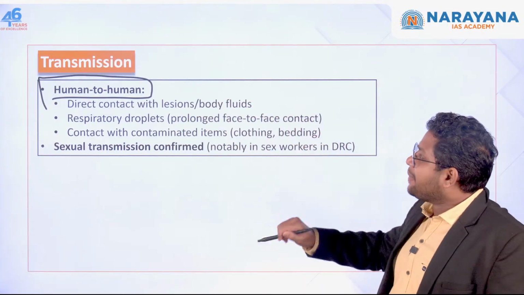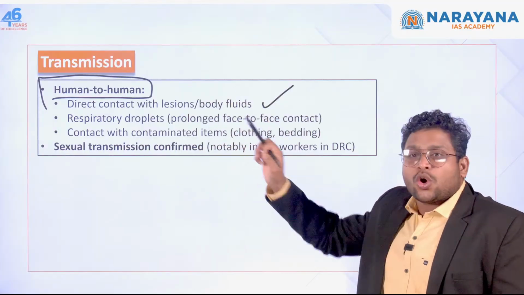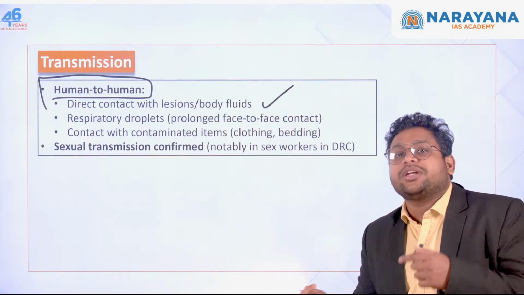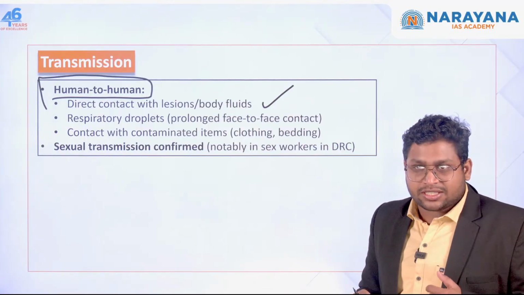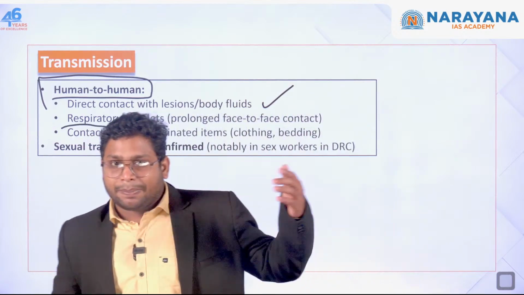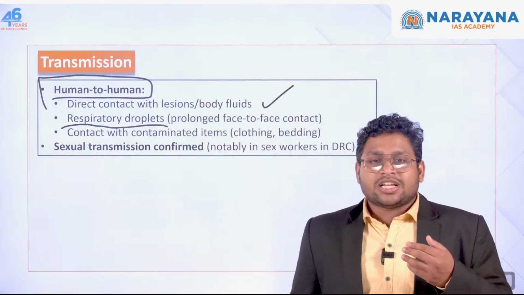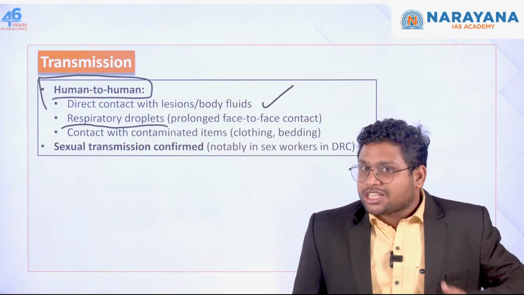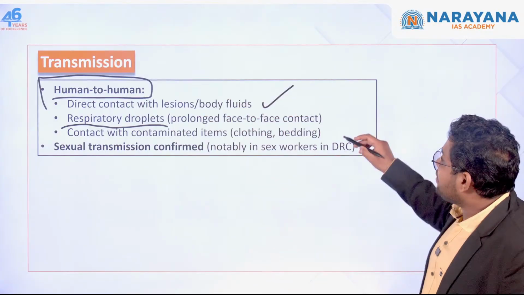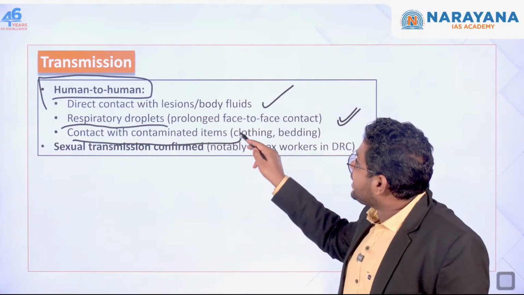Now this might happen because of, first of all, direct contact with the lesions or any body fluid. If you are in touch with that person's body fluid, then you will also get this particular disease. Then respiratory droplets: just like a patient who is suffering from TB, if you also inhale those respiratory droplets, you will also get that disease. A similar thing is going to happen over here. Or contact with contaminated items.